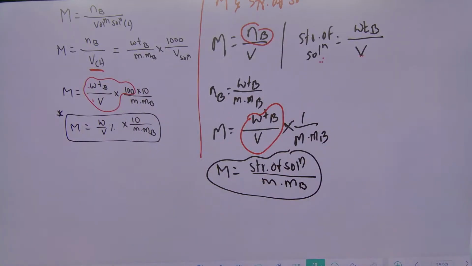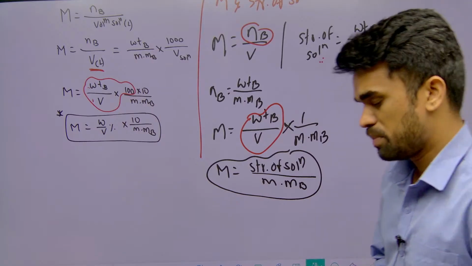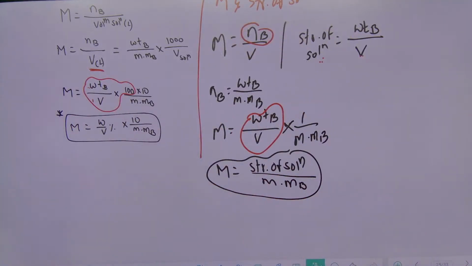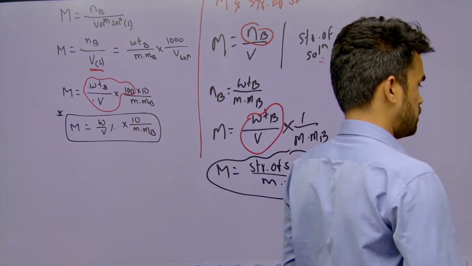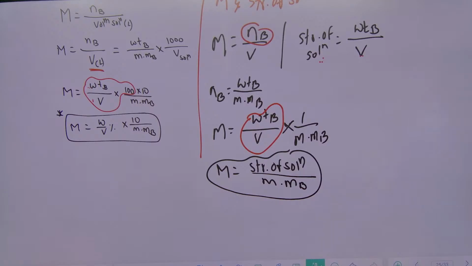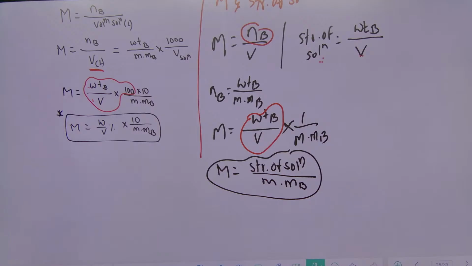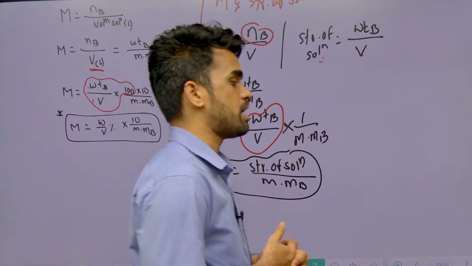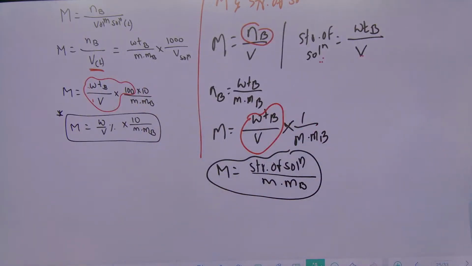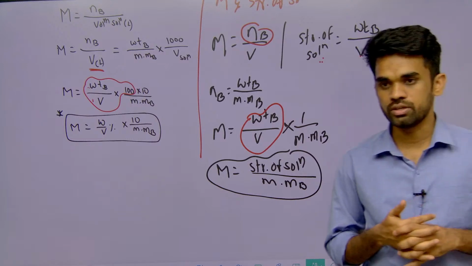Okay, do one question on molarity. Simple question. 90 grams of glucose is added to water to make 250 ml of solution.